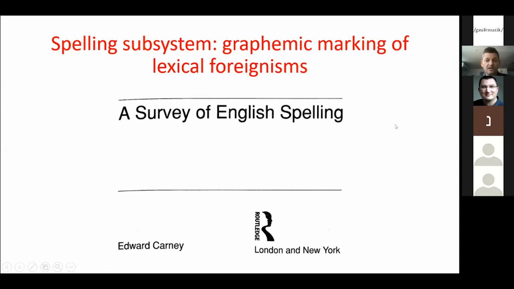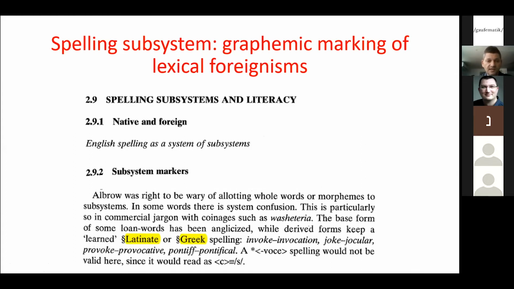So English enjoys special spelling for various categories of vocabulary. For example, native versus foreign. Within foreign, we have Latinate and Greek, and those words are marked graphemically, mainly by different spelling.